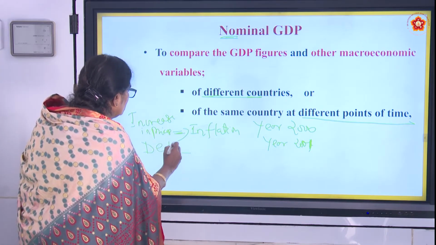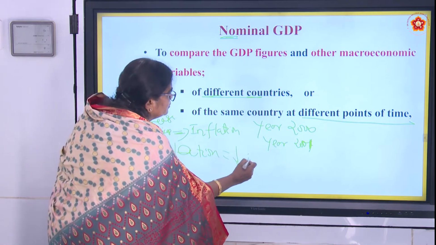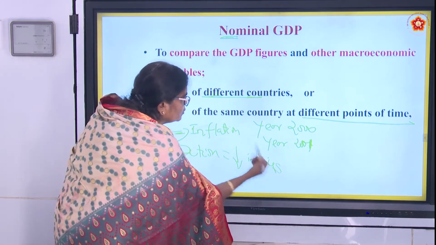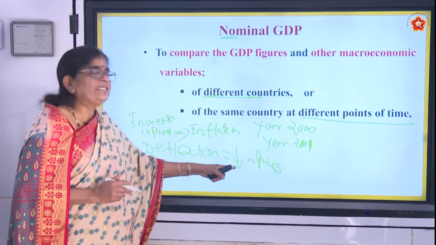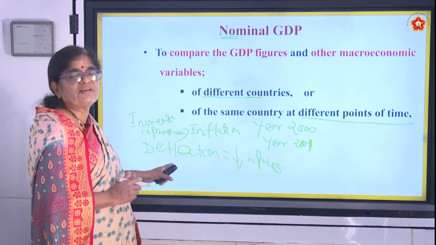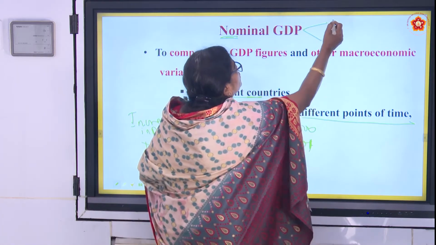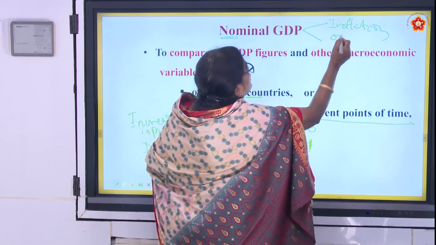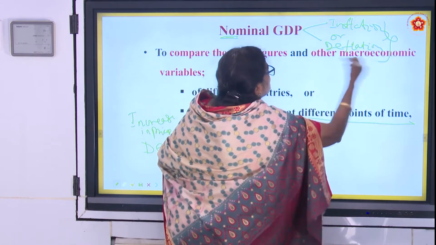Deflation means a decrease in prices, because there is no demand for that good. People didn't have money in their hand to purchase those items. Therefore, a decrease in prices is deflation. Therefore, nominal GDP does not account for inflation or deflation. That means decrease in price, increase in price, both.